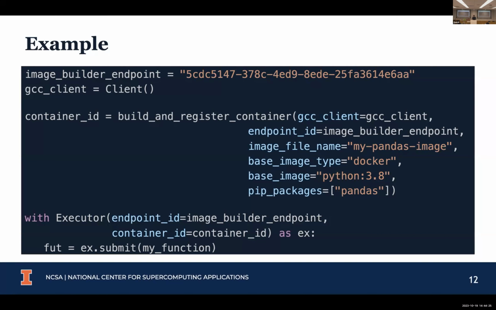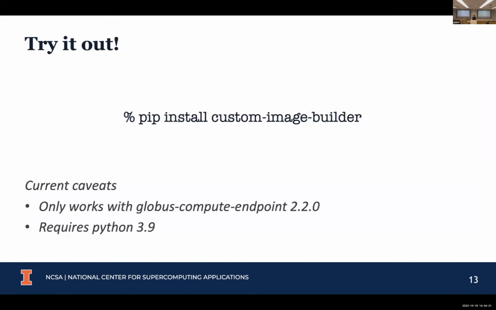And so it's pretty neat because there's nothing for us to maintain. It's just Globus Compute. And so you can try it out. Pip install custom image builder. A little thing we discovered is that in Globus Compute 3.0, the Apptainer support is broken.